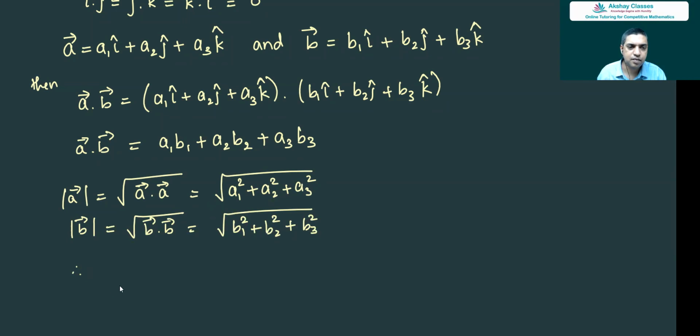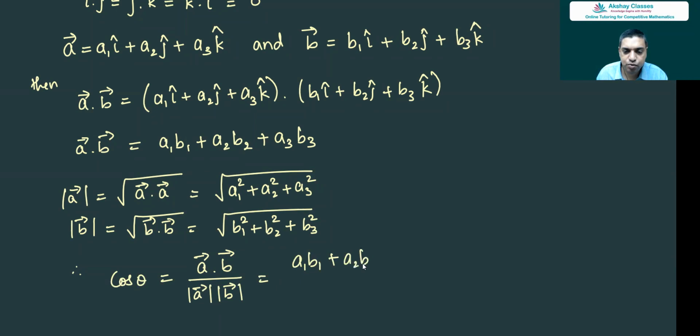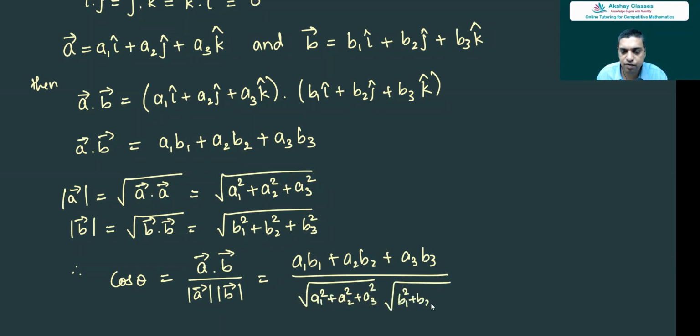Therefore, cos theta is A dot B by modulus of A modulus of B. So it is A1 B1 plus A2 B2 plus A3 B3 by under root of A1 square plus A2 square plus A3 square times under root of B1 square plus B2 square plus B3 square.